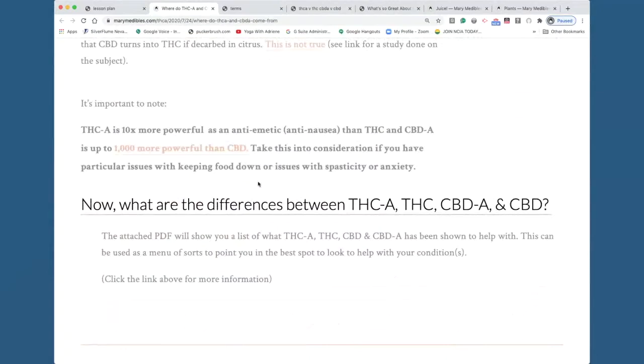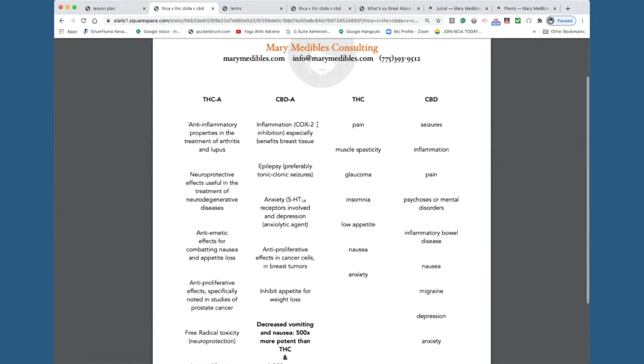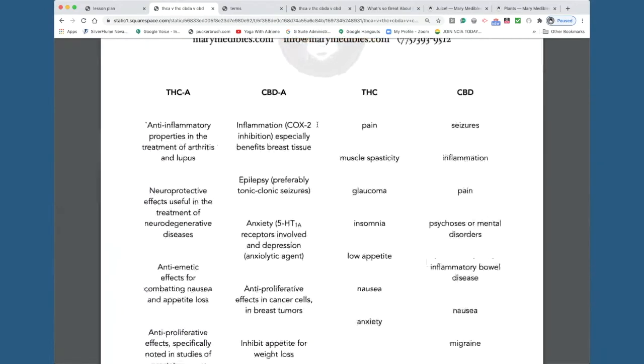And the reason you might want some of these compounds is what we'll look at here.